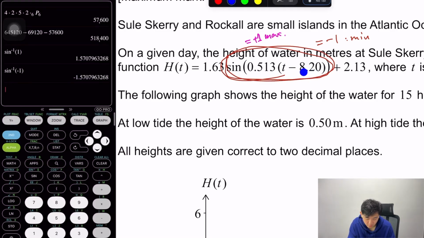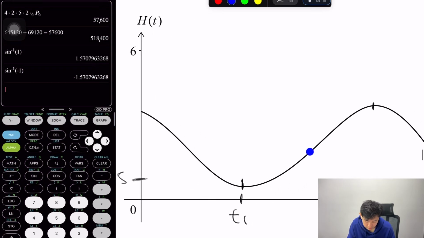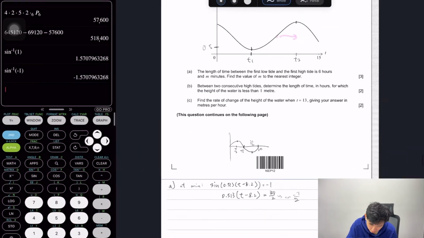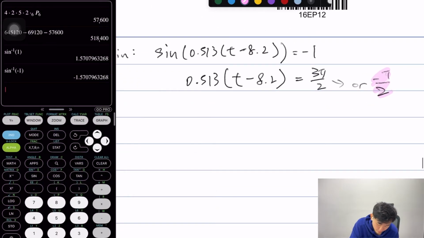So after it shifted to the right, this is what happened. Originally this is where it starts, and because it shifted to the right, that's how it appears here. So this one originally is from the negative. So we're going to use the negative version, negative pi over 2. We're going to use this one, more preferred. But again, you can still use your calculator value.